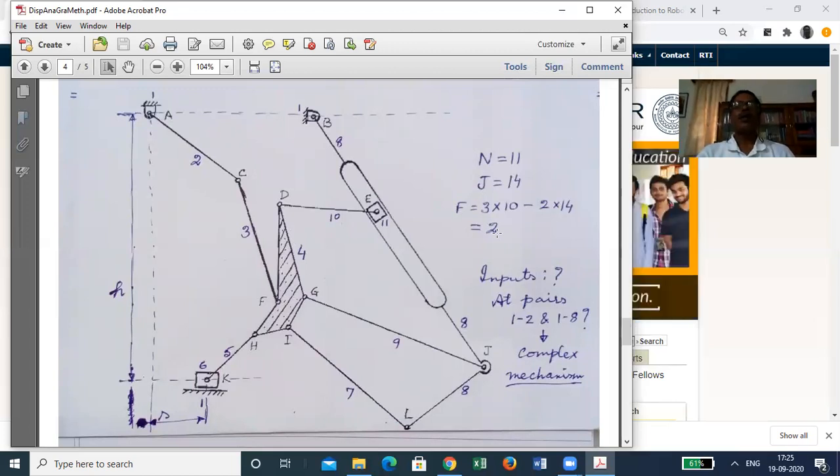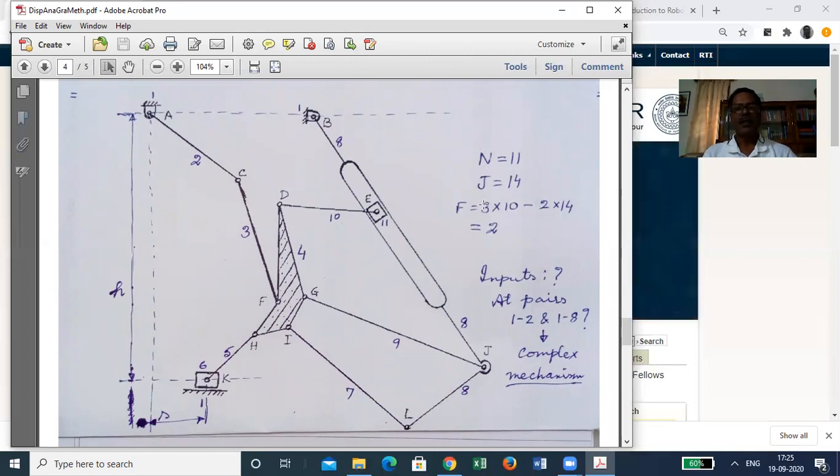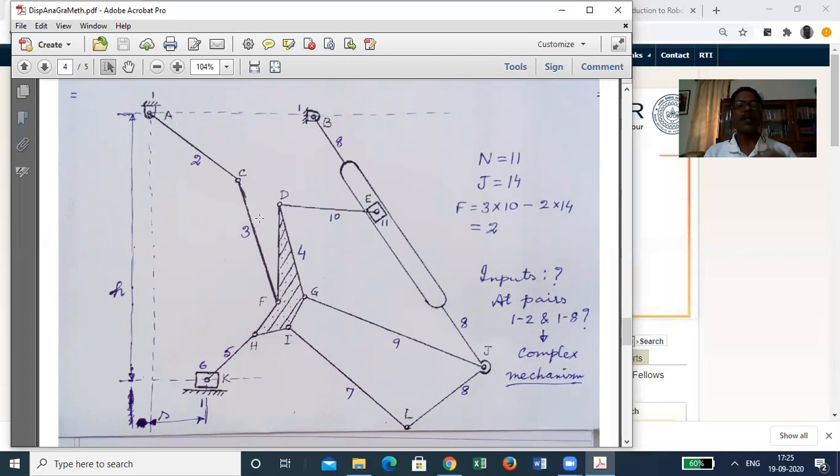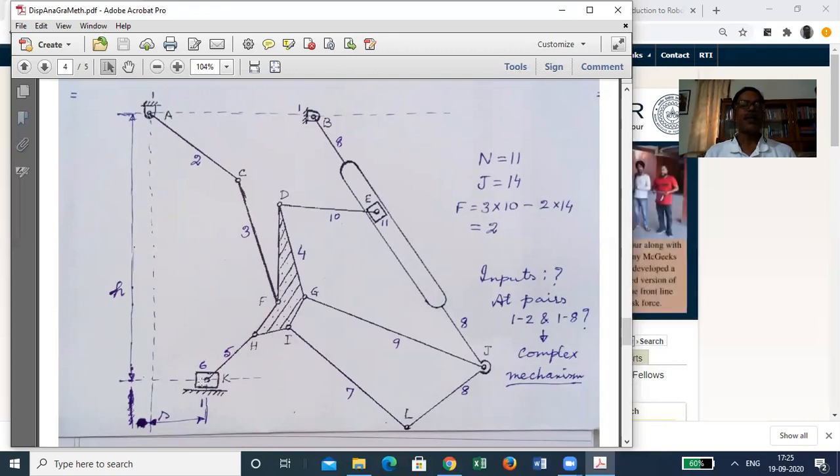Okay. So by now you must have already verified this much. To help you, I have already numbered the links. So link 1 is the frame, and this is link 2, this is link 3, and the frame, link 1, is actually a ternary because it is paired with link 2 here, link 8 here, and link 6. This is a prismatic pair, the other two are trivial.